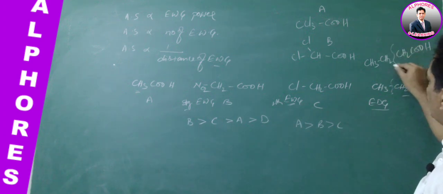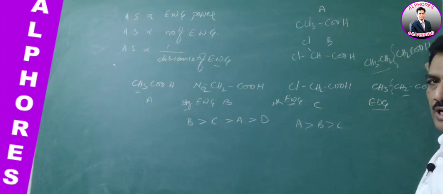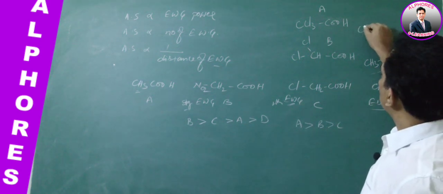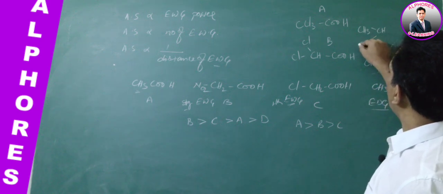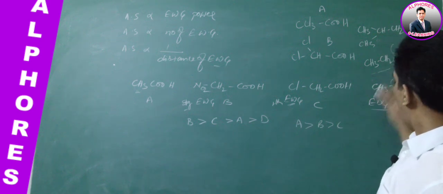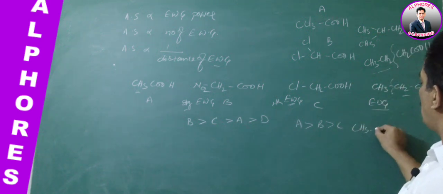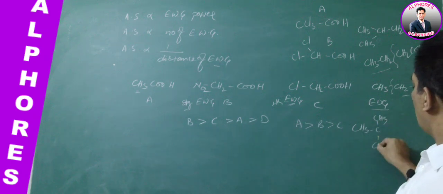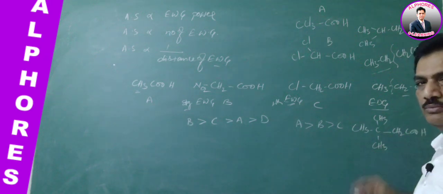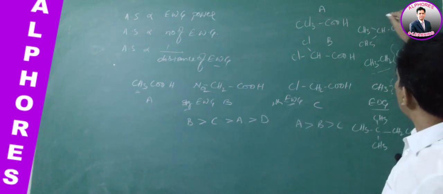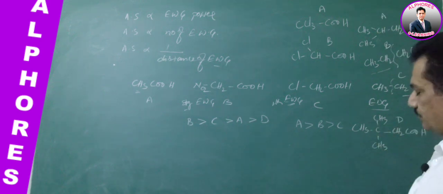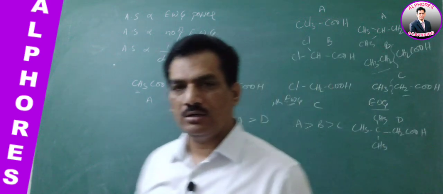Here it is acetic acid with a substituent: the ethyl group, the methyl group, and one more, the isopropyl group, and if it is a tertiary butyl group as substituent on this acetic acid, in these cases A, B, C and D, can you guess the acidic strength order?